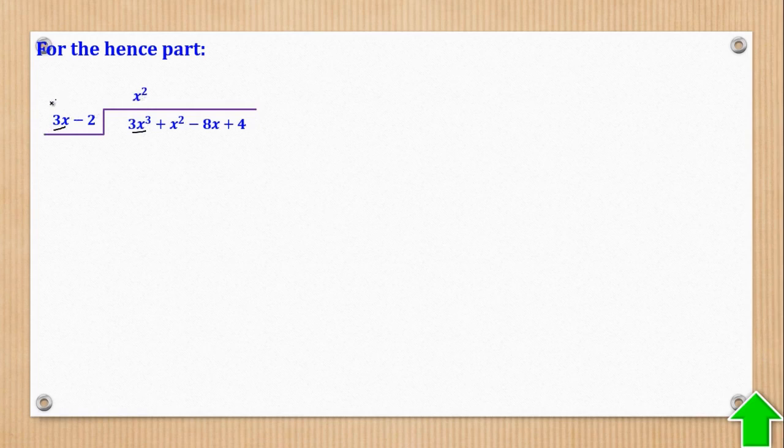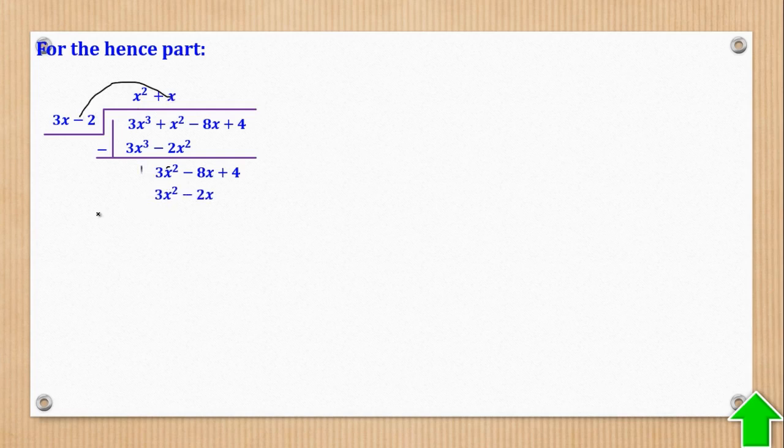Now x squared times the whole of this, I'll come up with 3x cubed minus 2x squared. Then I have to subtract the 2. When I subtract, this cancels, I'll come up with 3x squared minus 8x plus 4. Then divide by this, I'll come up with x times the whole of this gives you that, subtract to come up with that.